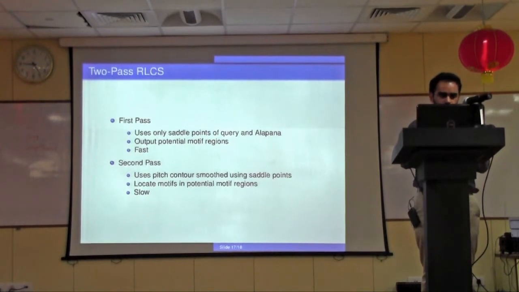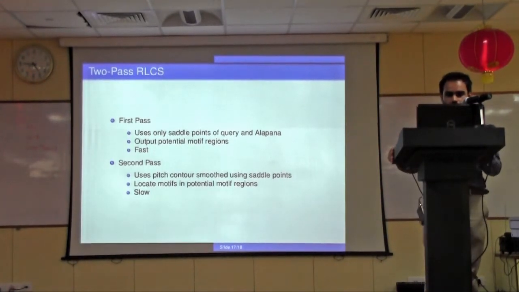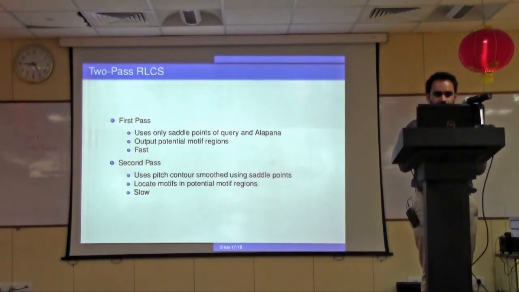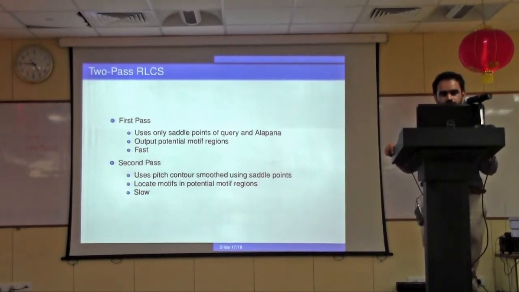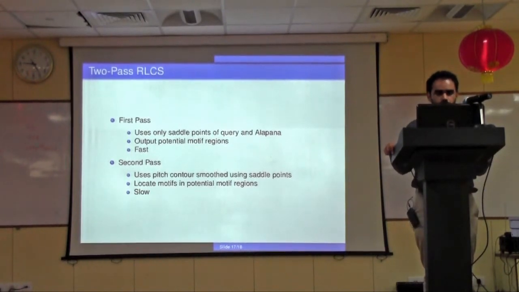These are not the actual location of the motif, but longer regions where the motif might or might not be present, and these regions are much smaller than the entire Alap length. This phase is fast because we are only using saddle points. In the second pass, we use the entire smooth pitch contour and try to locate the motifs in these potential motif regions returned from the first pass.